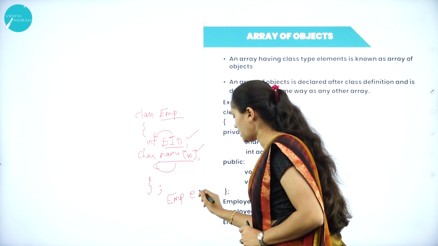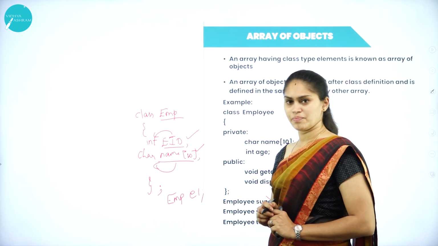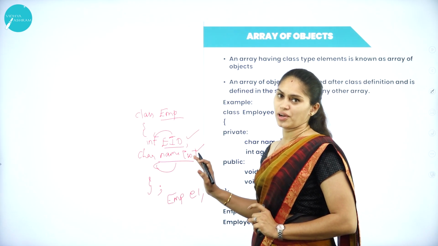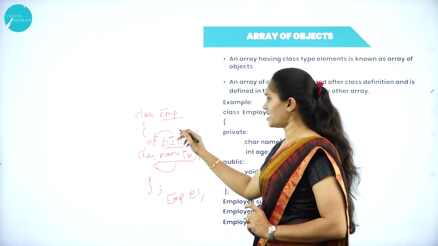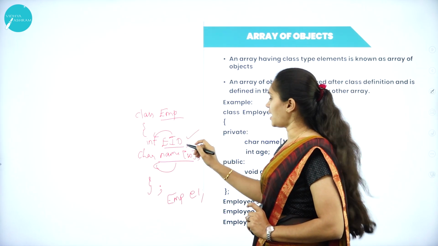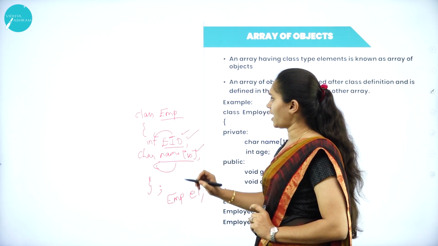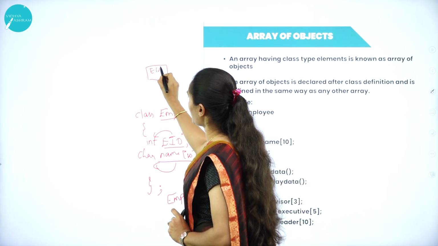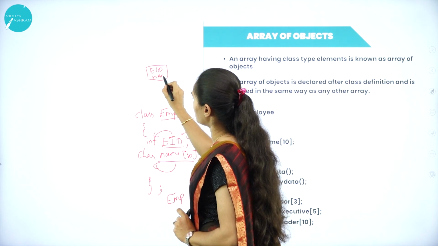I am going to create E1 as an object. So what will this E1 store? This E1 will store the values which reside in this Employee class. So what does this Employee consist of? That includes both employee ID and name. So it will store employee ID and name.